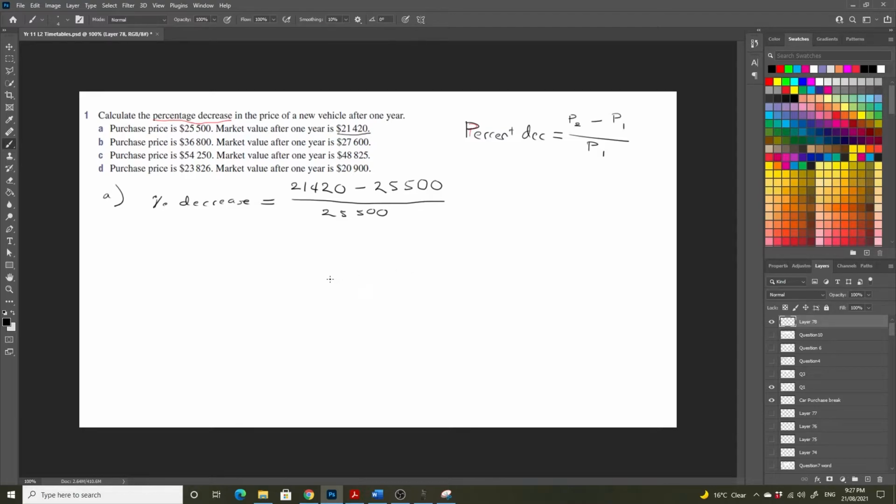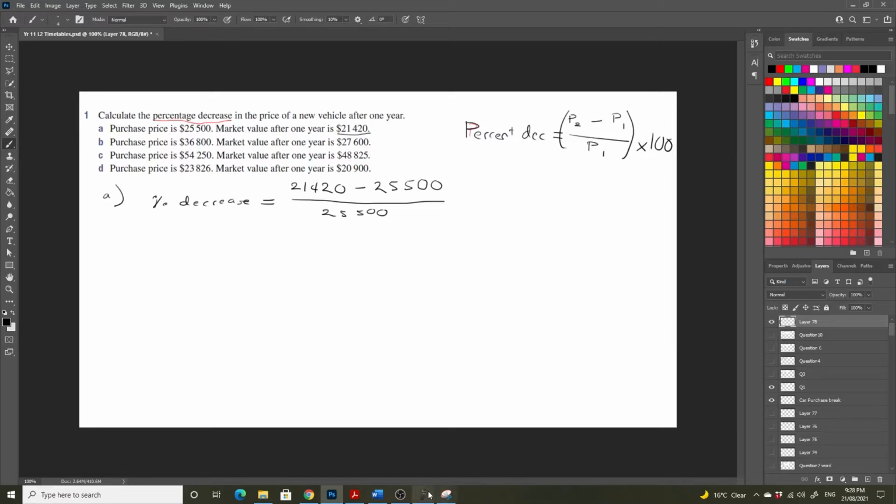Now this will give us a negative number, which we then multiply by 100 to get the percentage decrease, to convert this quotient into a percentage.